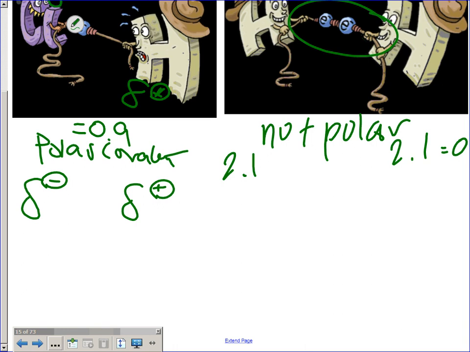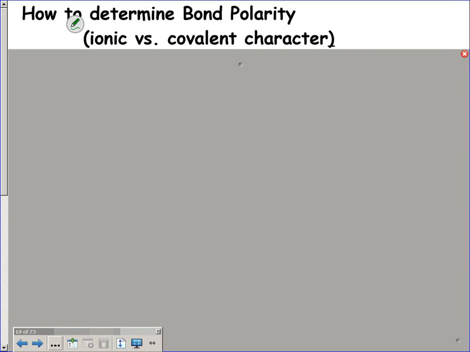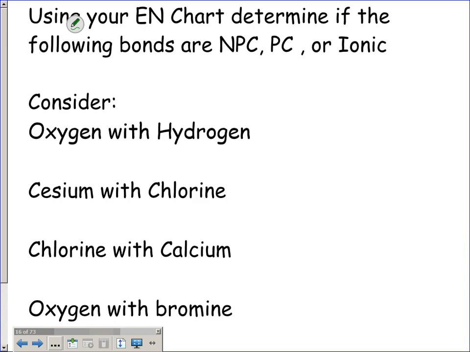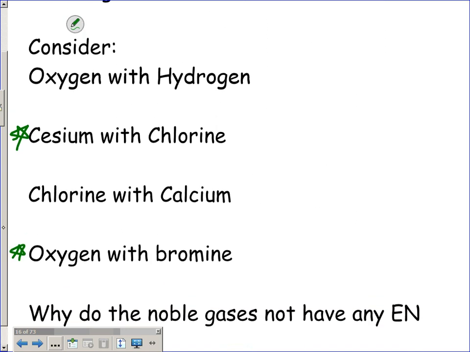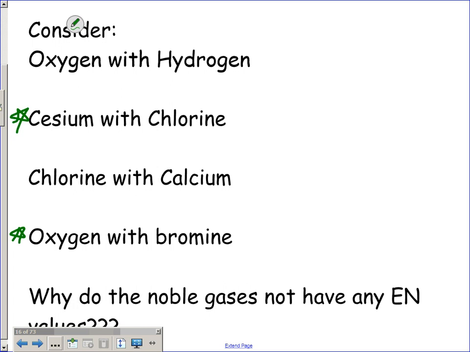All right, I want to see if you guys can determine if something's polar covalent or non-polar covalent. I have a couple examples for you on this page. You guys do cesium with chlorine, oxygen with bromine. And I want you to tell me if it's polar covalent, non-polar covalent, or ionic.